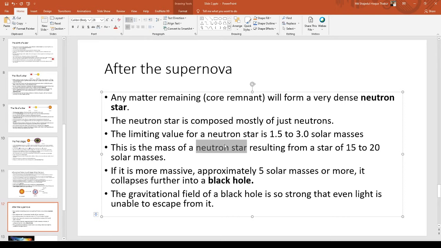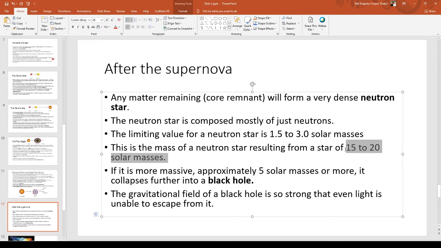So the small part that remained is about 1.5 to 3 solar masses, and the original star that this neutron star resulted from was about 15 to 20 solar masses.